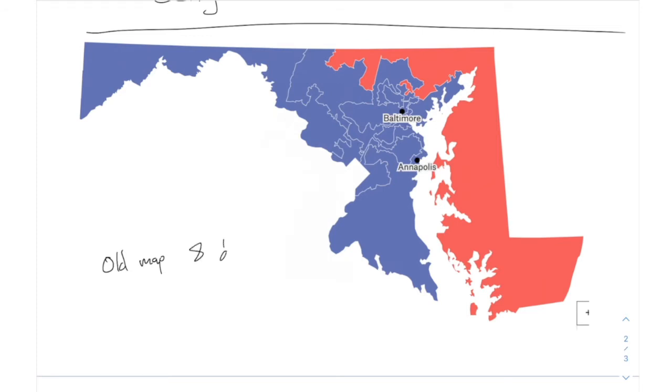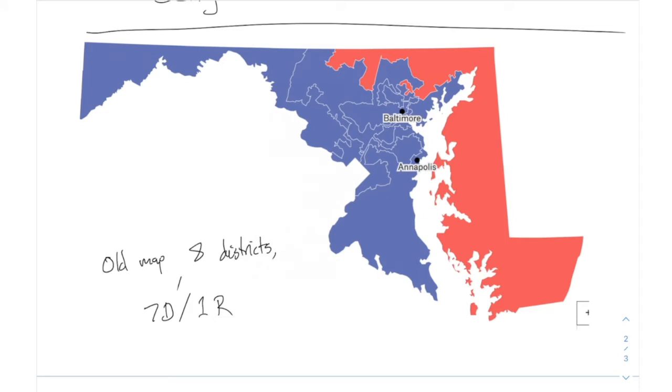It has 8 districts. The current way they are represented right now is 7 Democrats and 1 Republican. The Democrats are in charge of all of this, and this map was drawn by Democrats trying to game the system by drawing these crazy lines.